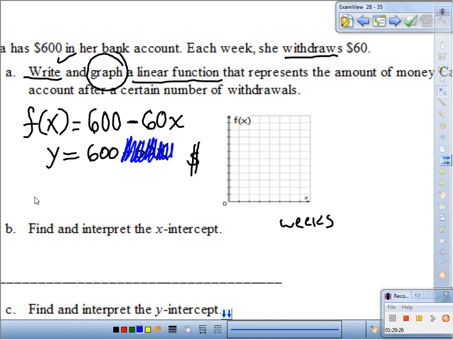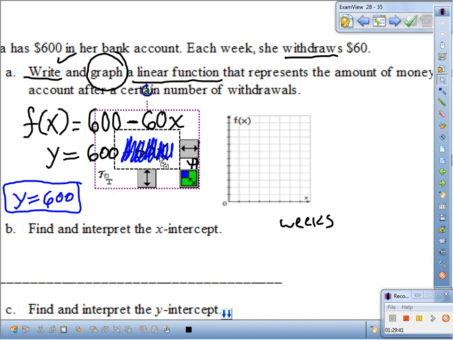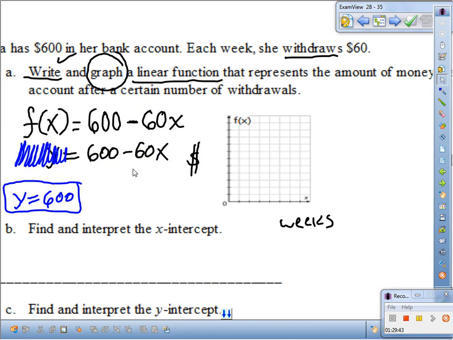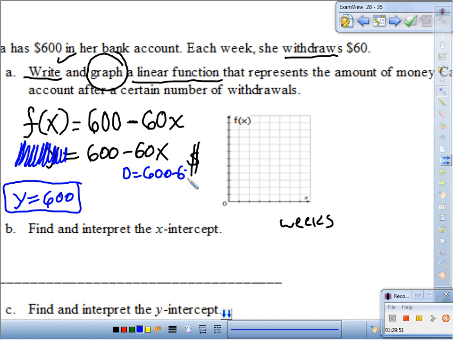What do you see? Y equals 600. That's my y-intercept. So let's plot that. Well, before we do that, let's find the x-intercept. So I'm going to cover up now the y value. What do you guys see? 0 equals 600 minus 60x.